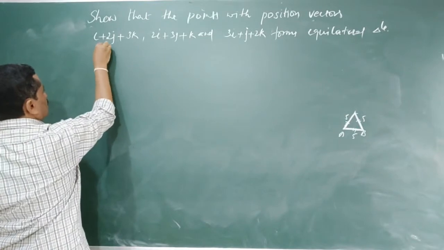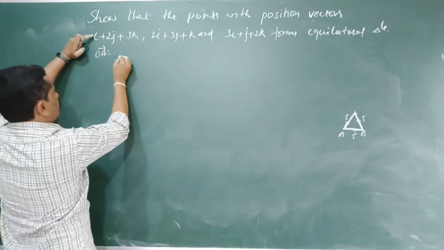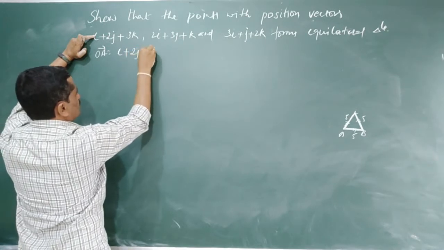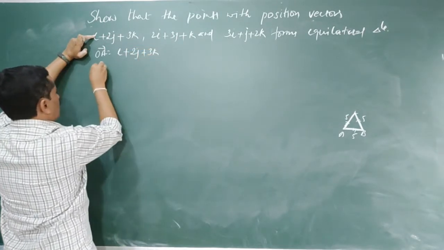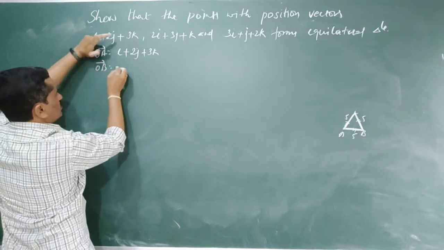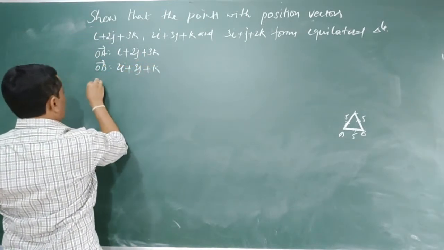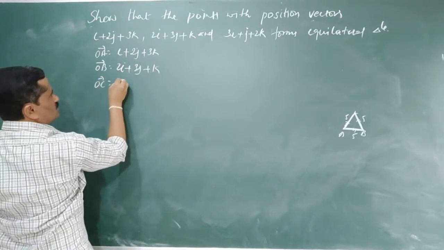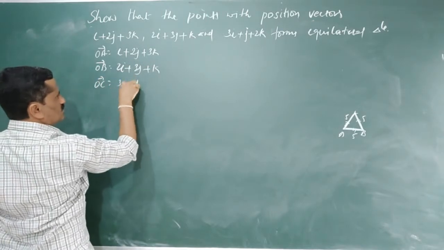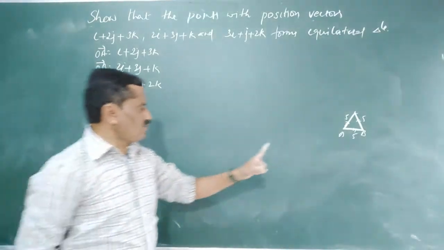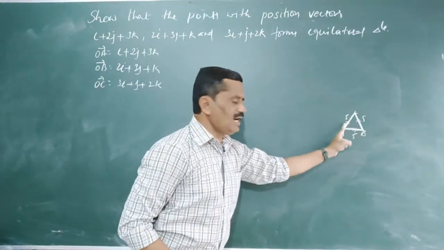Here given the position vectors, OA bar is equal to i plus 2j plus 3k. OB bar is equal to 2i plus 3j plus k, and OC bar is equal to 3i plus j plus 2k. I have told that we have to find AB bar, BC bar and CA bar.